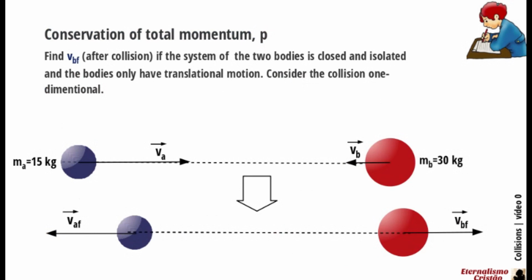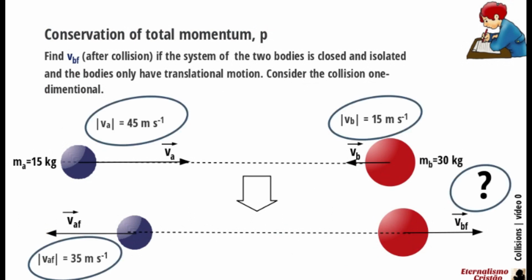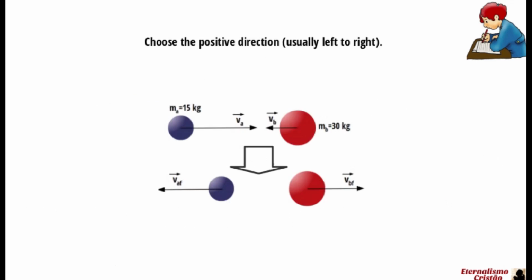Please solve this problem based on the conservation of momentum. You need to find the magnitude and direction of the final velocity of the red ball, the body B. Choose the positive direction, usually left to right.